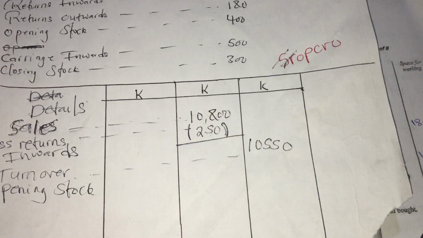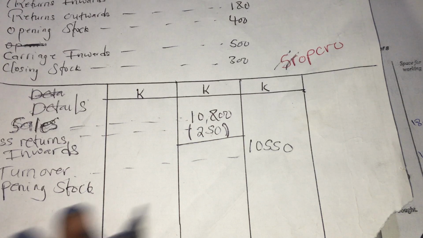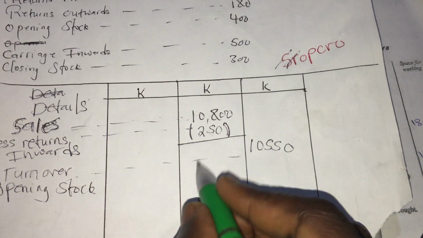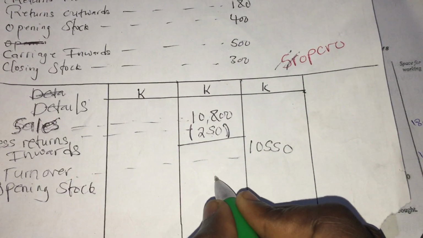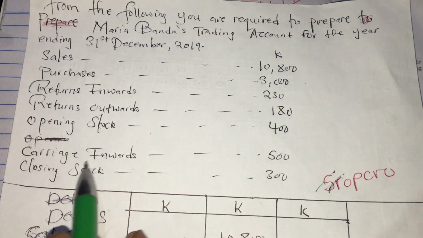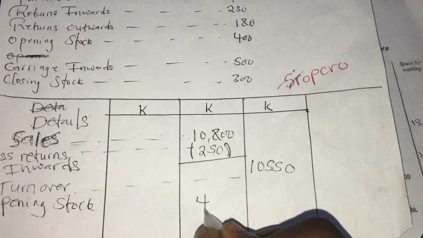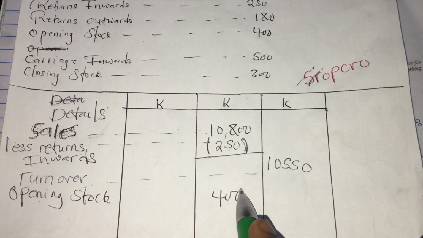Opening stock will be placed in the box in between. So the amount for the opening stock is how much? It's 400 kwacha. See? Opening stock 400 kwacha.